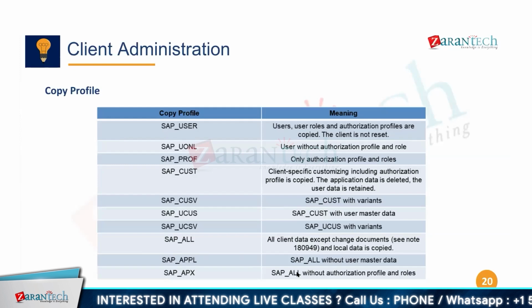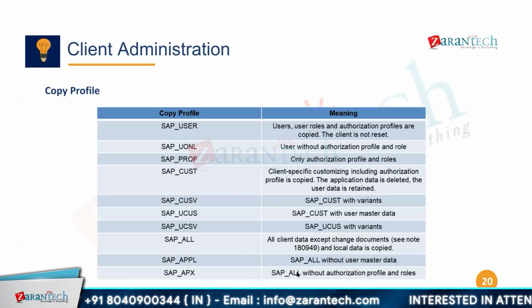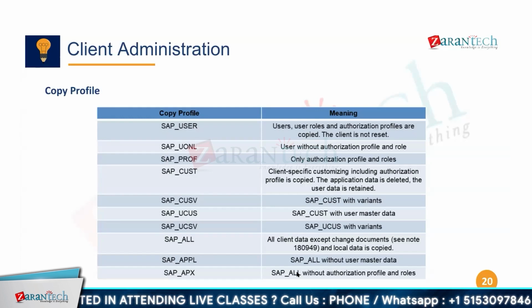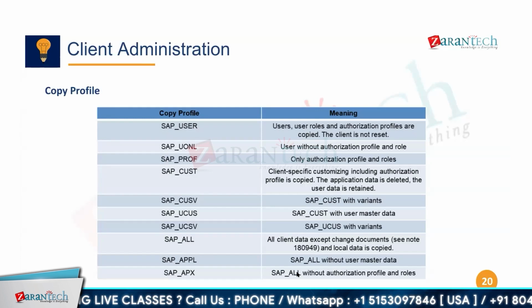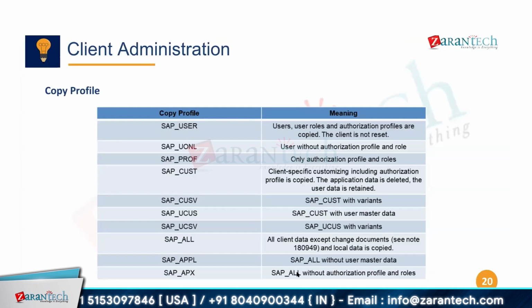You can do that, but SAP_ALL is not recommended because it copies everything, unnecessary things too. It takes a lot of time because SAP_ALL brings both client dependent and cross-client customizing data, so there will be huge data, some 50 GB or 100 GB. Copying that doesn't make sense. There are situations, and I will give you examples, when SAP_ALL is not recommended or not needed.